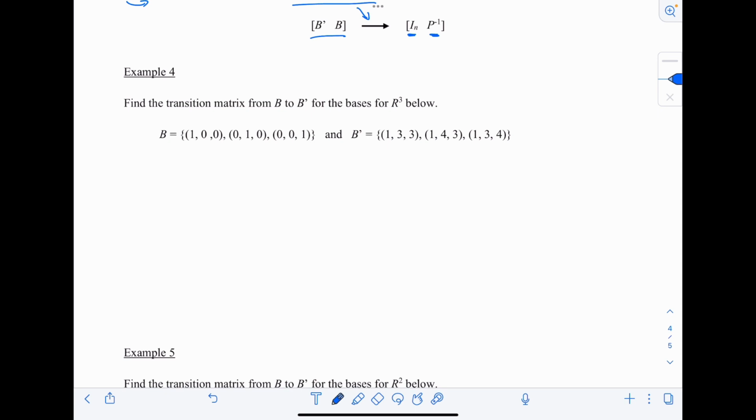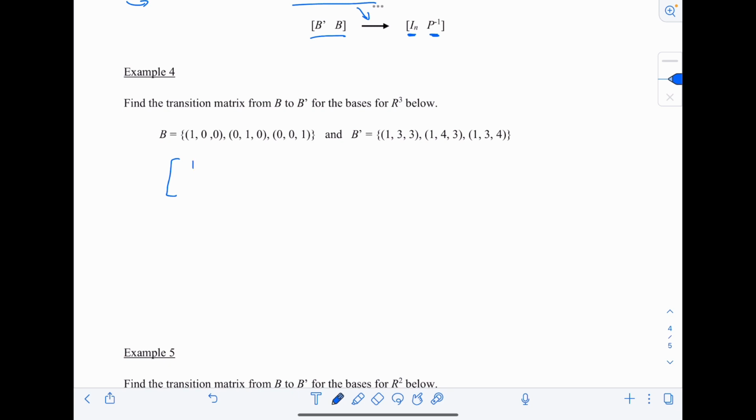I should mention that when we write B prime, we don't want to write these as row vectors. We want to think of these as column vectors.